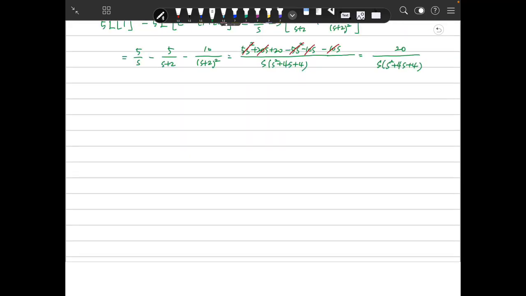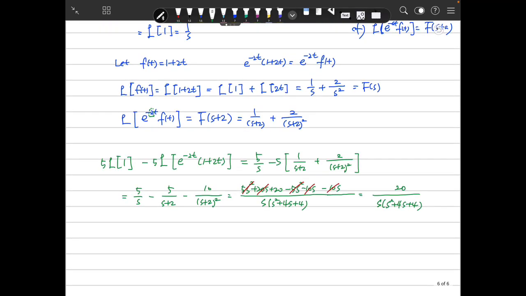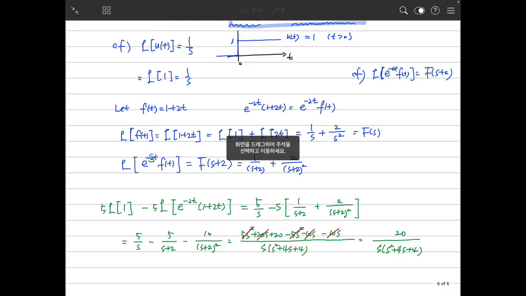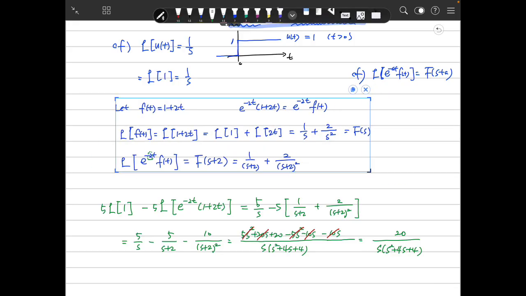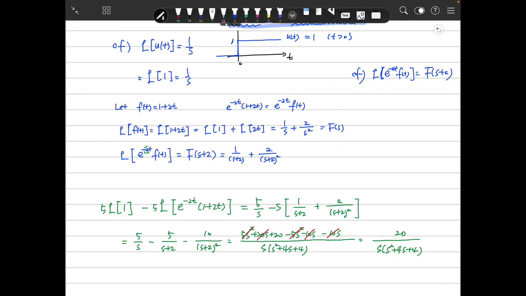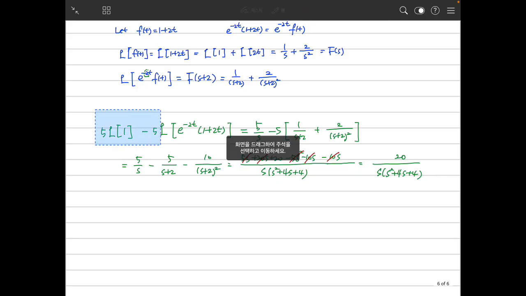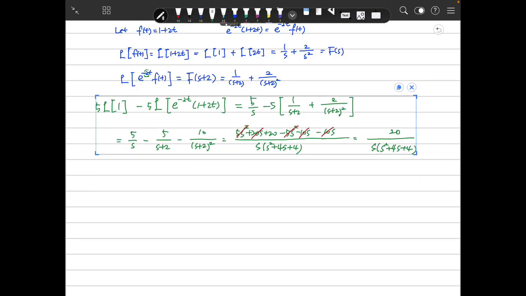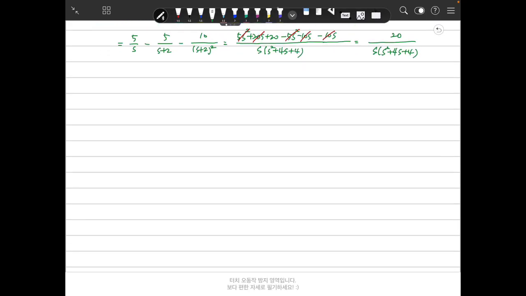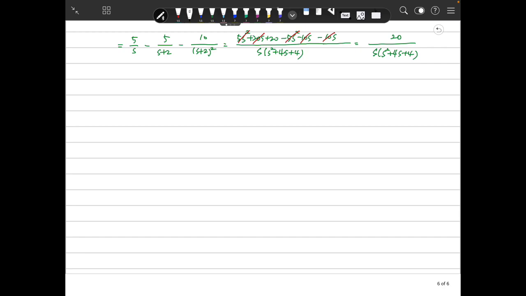I will give another example. Example 14 and 25.